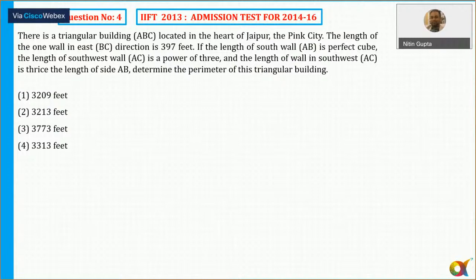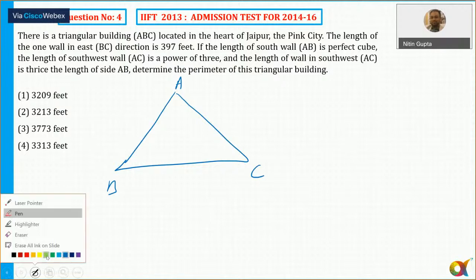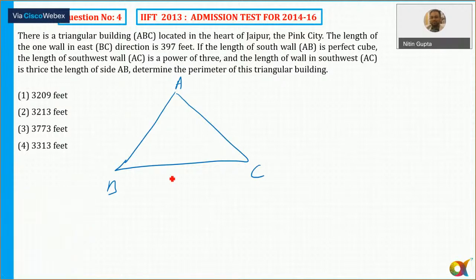Now it says there is a trap in the heart of Jaipur, Pink City. Length of one wall in the east, that is BC, is equal to 397.